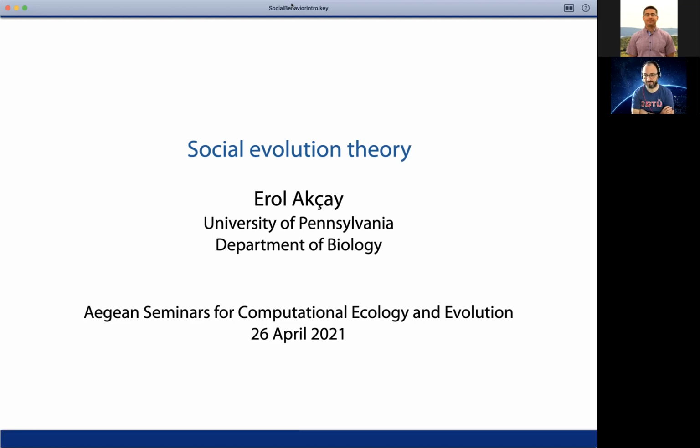It's going to be mostly on theory and how to build social evolution models, and the basic theoretical frameworks used in social evolution theory, including the price equation, Hamilton's rule, inclusive fitness, multi-level selection and evolutionary game theory, time permitting. So we'll see how far we get along.